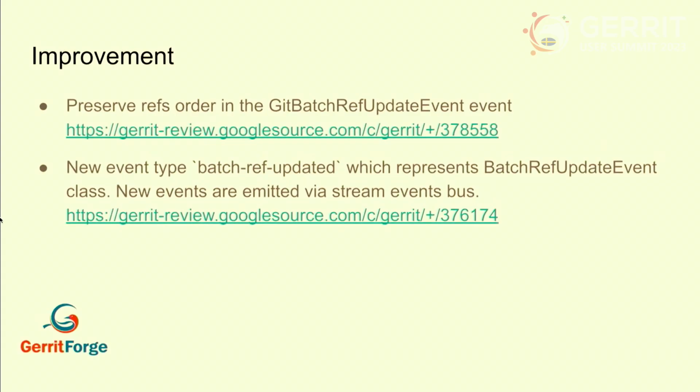That's why we changed that code. So now we guarantee that the order is going to be exactly the same as in the batch update. The next improvement was to create the batch ref updated event and stream it via the stream event bus.